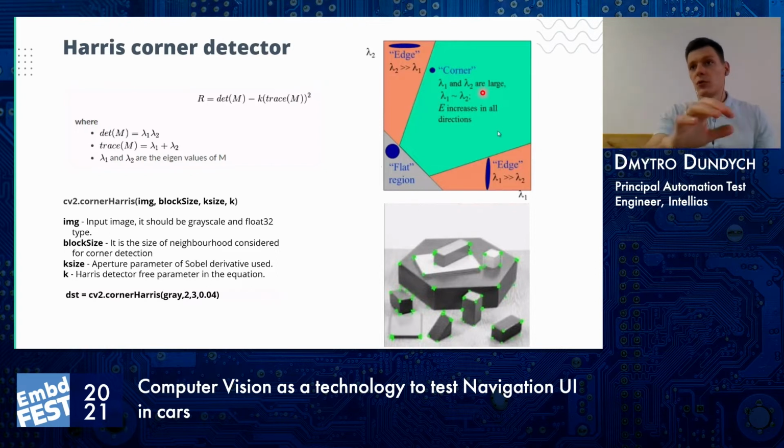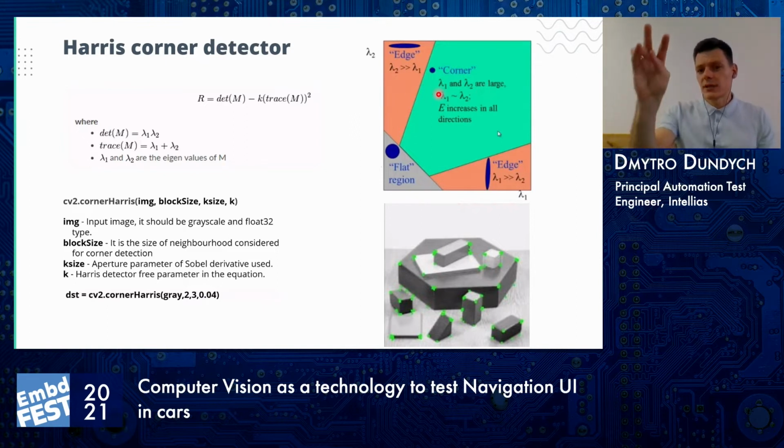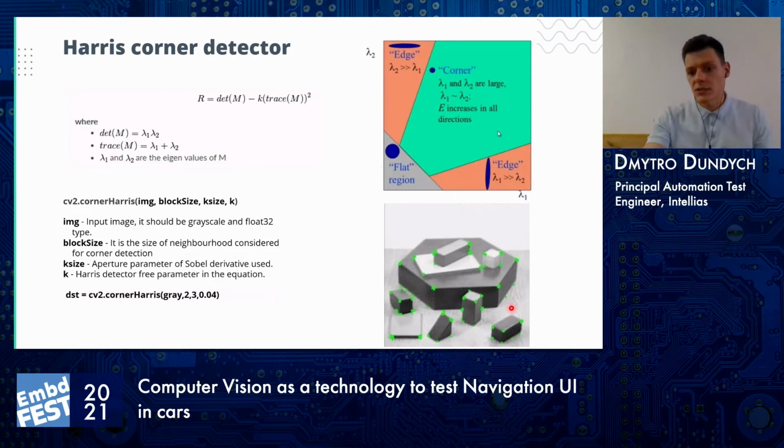If it moves left and right with no changes up and down, it's a flat region or an edge object. But if you move this part and the characteristic changes significantly, it's a corner, which is interesting for us. There is an example method in Python where you have only your image, a block size, a ksize, which is the default characteristic, and you get these corners located on your image.